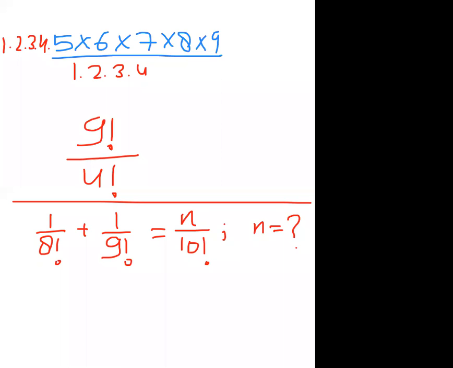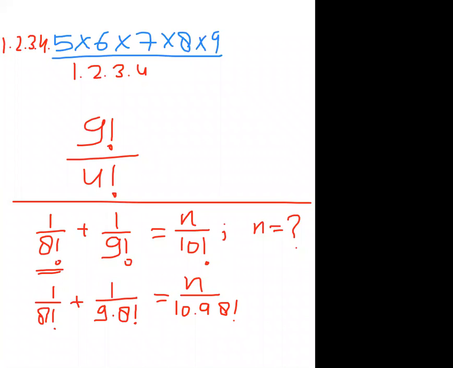What best I could do is change into the lower factorial terms. 1 upon 8 factorial plus 1 upon 9 into 8 factorial is equal to n upon 10 into 9 into 8 factorial.